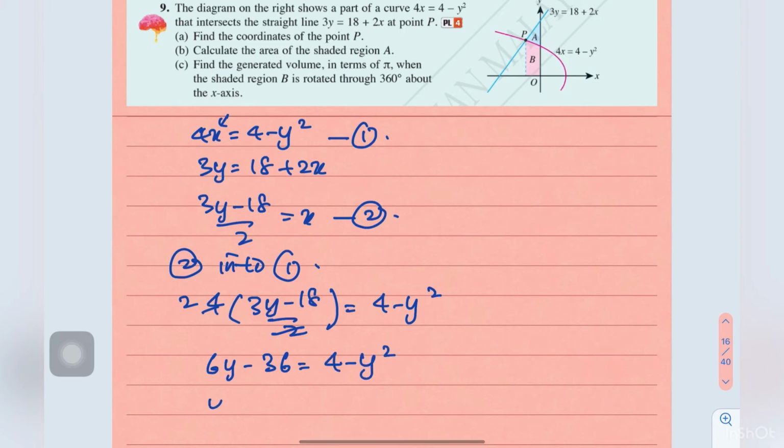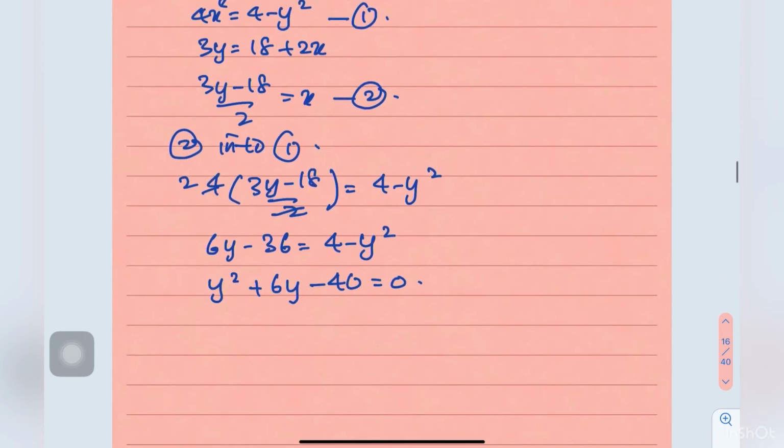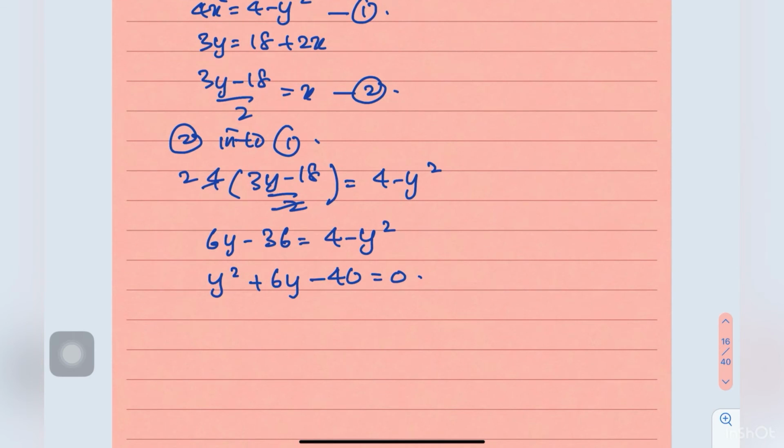Okay, so therefore y² + 6y - 40 = 0. Okay, so this is a quadratic equation. So to solve, we can factorize. Okay, so this one (y + 10)(y - 4).